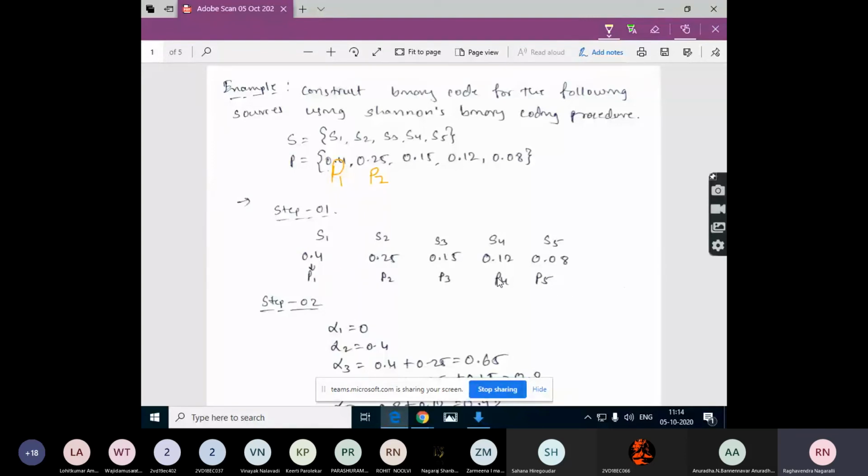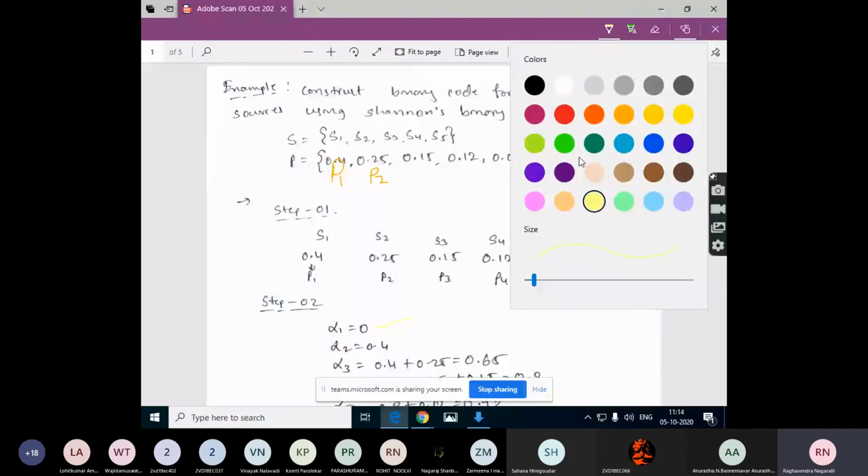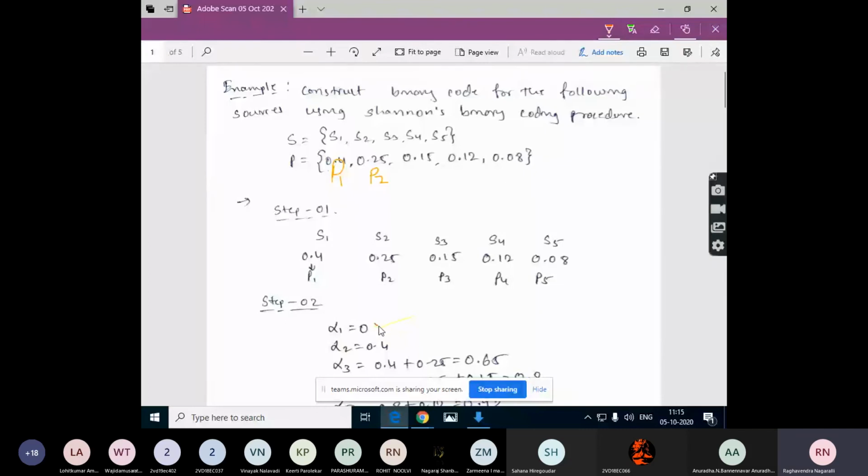What is the next step? Compute the alpha sequences. Alpha 1 is always equal to 0.